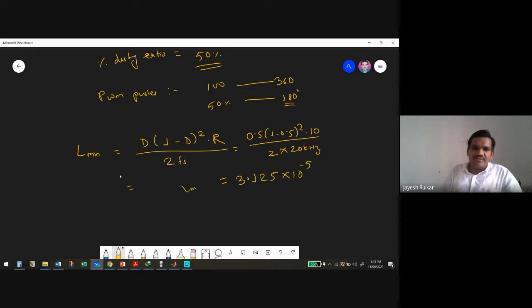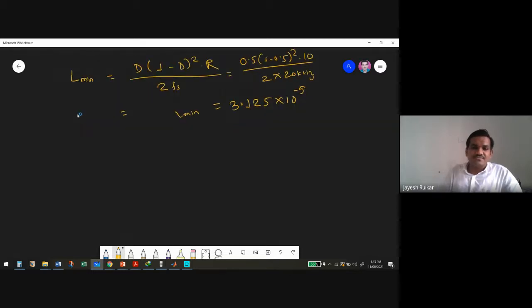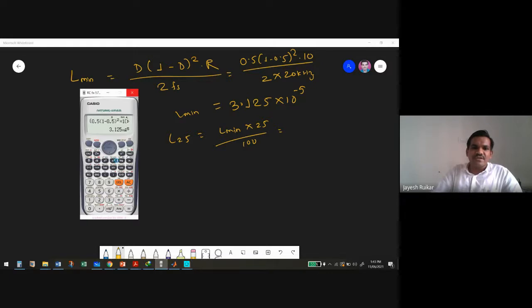This is what your L minimum value, and we need to calculate 25% of this in order to make it continuous current inductor mode. Just wait. So L25 we can calculate based upon this. How do we calculate? We can multiply L minimum by 25 and then divide by 100, which will give you that 25% value.